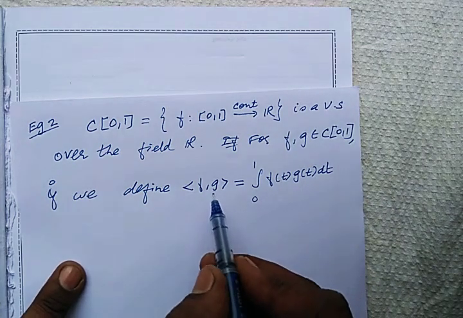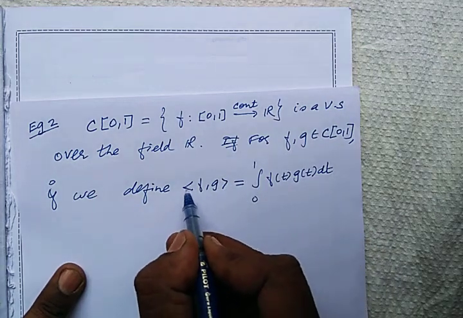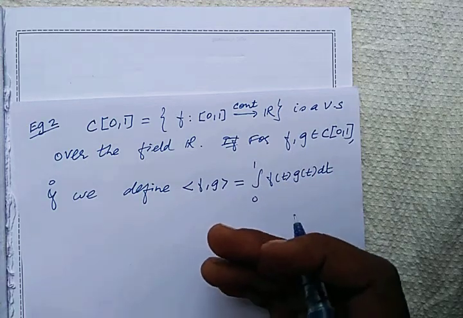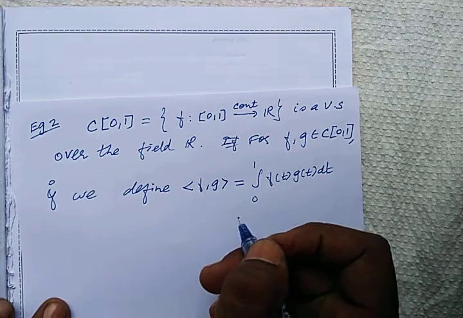You may even put a dash if you wish, but this notation is important for the inner product. To distinguish different inner products, we may put 1, 2, or a dash, etc.